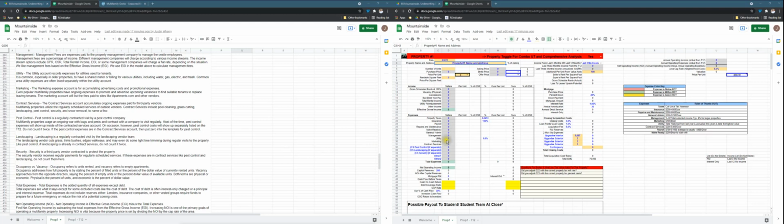And if you look over here on the top of the property tab, you have contract services, but you also have separate line items, like separate spaces for pest control, landscaping, security, because sometimes those are listed separately. Okay. And you've also got two other spaces for other expenses that may be coming up. Who knows what they are, but they need to be accounted for.